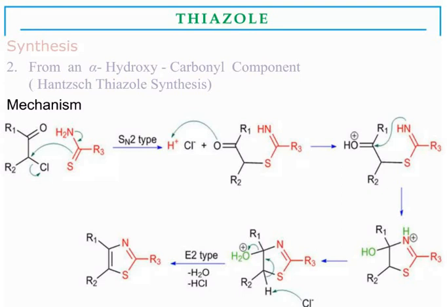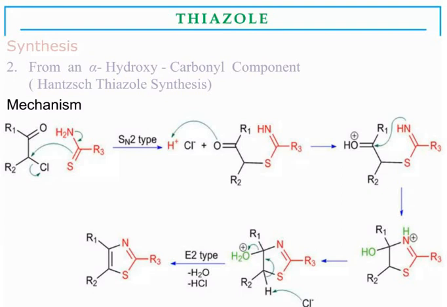Now you can see the mechanism. The first step is SN2 type. Now you understand SN1, SN2 very well because you have already read it in semester 1. Then formation of this compound, it is converted into this compound and further cyclization through nitrogen and carbon, so bond formation between nitrogen and carbon.